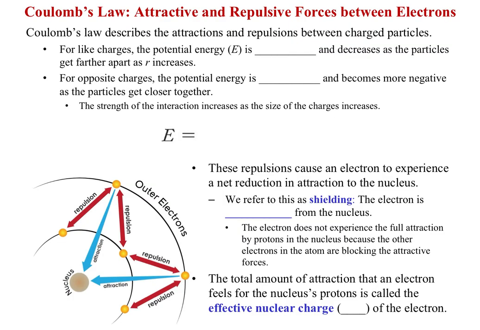So once again, we're going to talk about Coulomb's law because even though it's a physics equation, it explains a lot of the interactions and the energies of these charged particles that we're dealing with. So Coulomb's law says that the energy between 2 charged particles equals a constant, we'll call it K, multiplied by the charge of particle 1 times the charge of particle 2 divided by the radius, or the distance between the two.